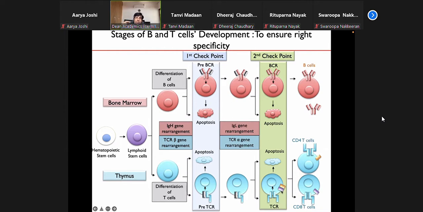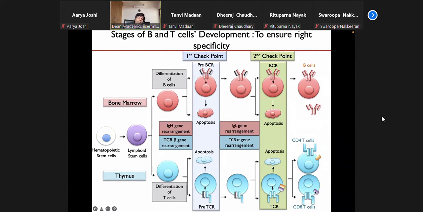If the peptide recognized by this TCR is present on MHC class 2, this will downregulate its CD8 molecule. So essentially in the next stage, you have either one of these molecules present on the surface.